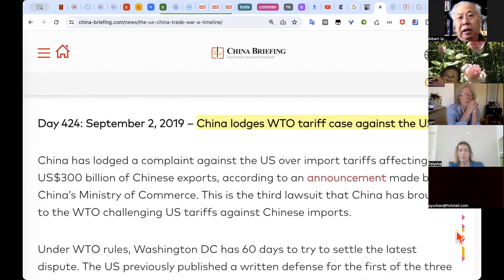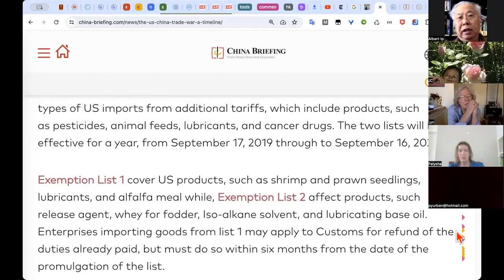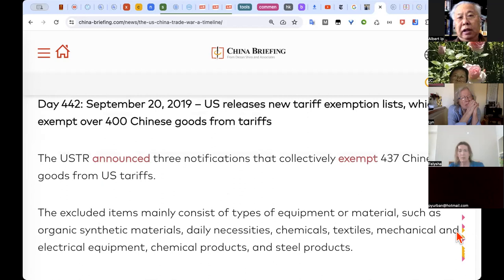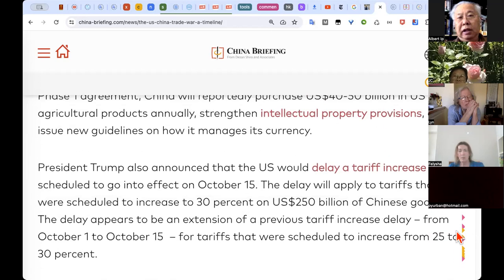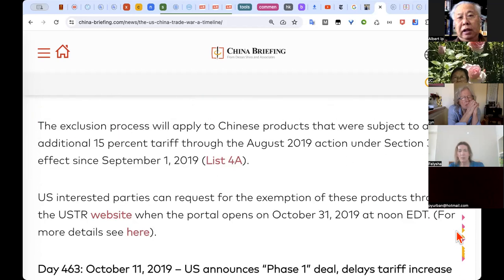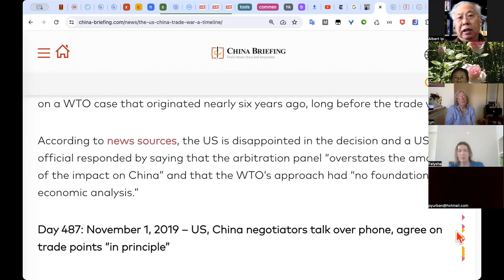And then China launched another WTO case against the USA. Okay, this is almost the end of Trump's presidency, so let's see what's the last item here.